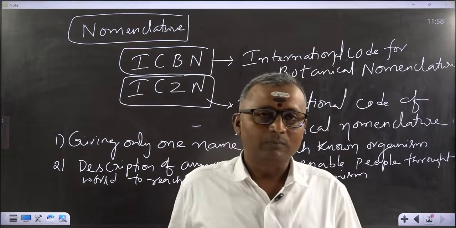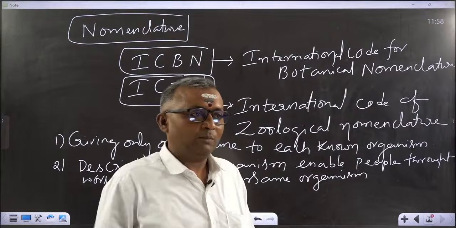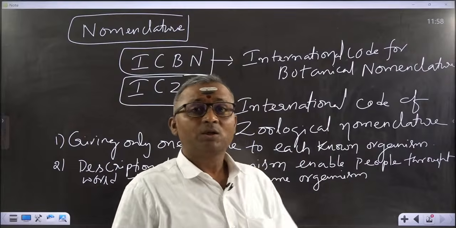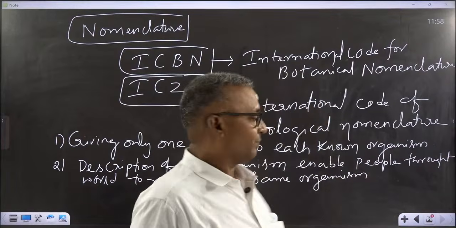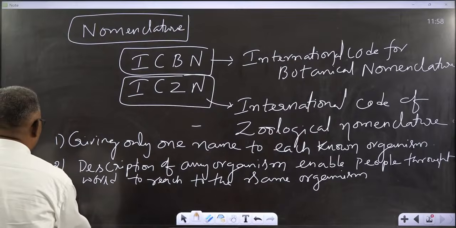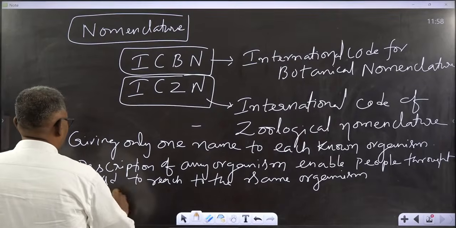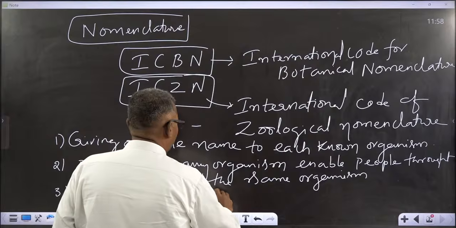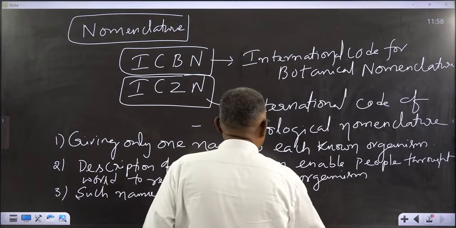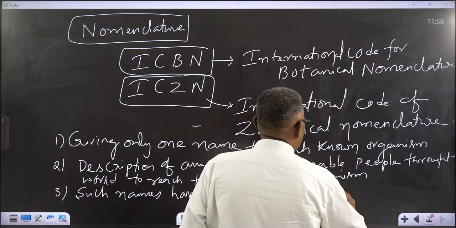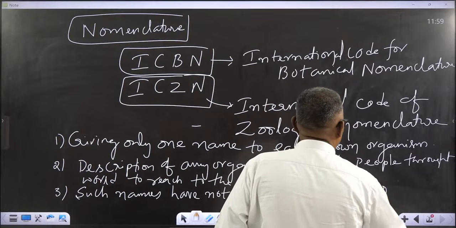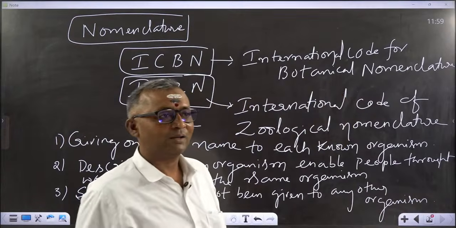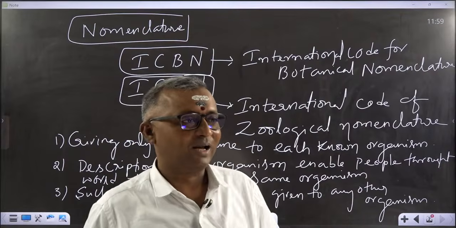When you describe any organism, people from any part of the world should reach to the same organism. That is the second purpose. And third one, such names have not been given to any other organism. So one person simply giving the answer for my question as to avoid confusion.